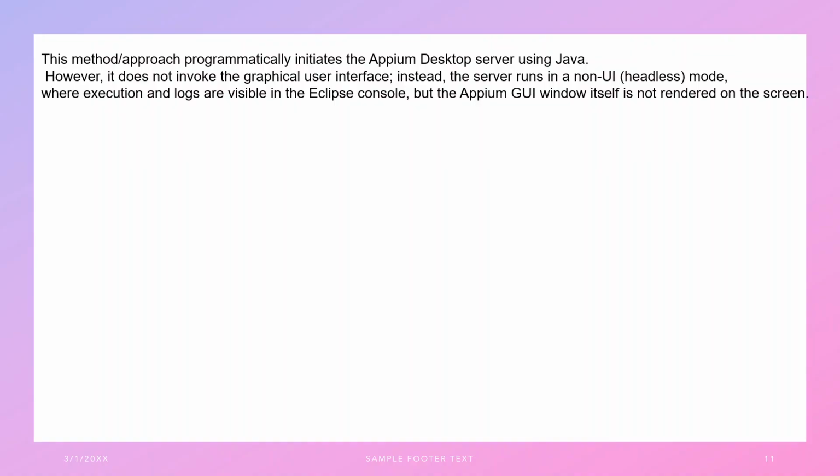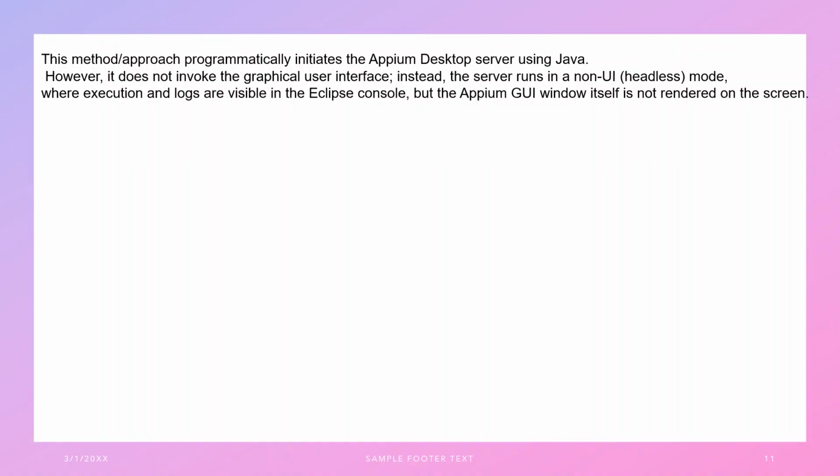In short, we are starting the Appium desktop server using Java code, but it will run in headless mode. We cannot see the Appium GUI window on our screen, but whatever the execution process and logs will be displayed under the Eclipse console. That is what this approach uses.